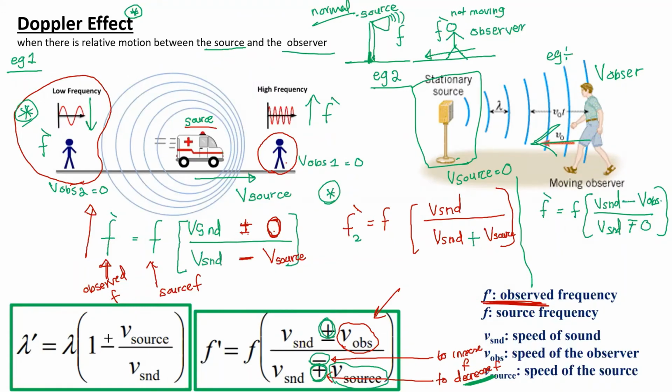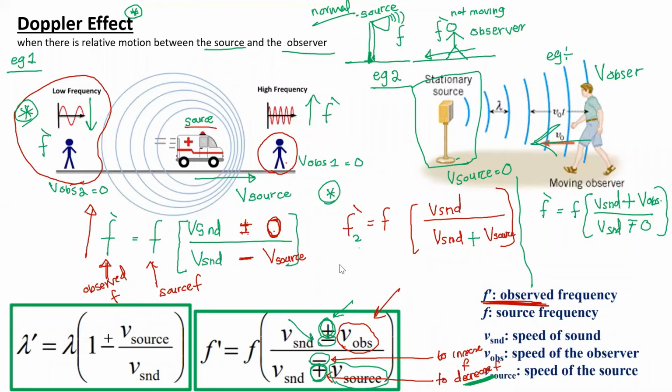Since it increases, you select the top sign. So do you get the pattern? If the frequency increases, select the top sign. If it decreases, select the bottom sign. Okay. So that is how the frequency changes and how you would calculate it.